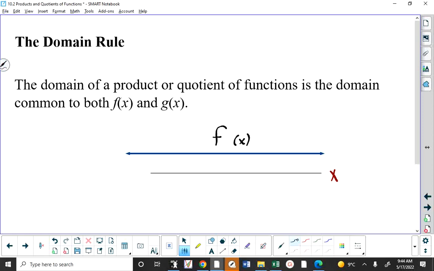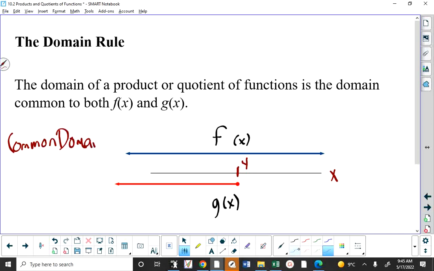And you have a second function that is only defined from, we'll put a number on here, 4, including 4 because I have a solid dot there, to the left, and that's maybe g of x. Then what we would say is the common domain would be where they overlap.